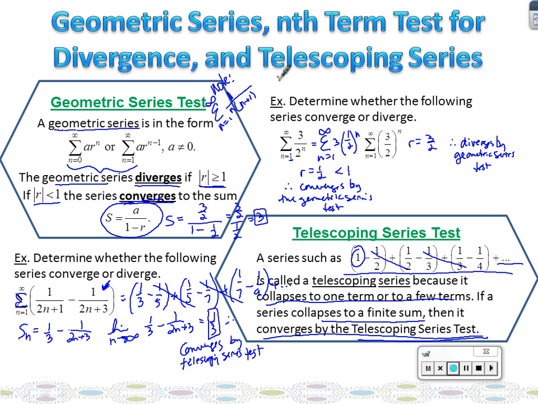What we would actually have to do to this one is use partial fractions to write it so it looks like this. We'd have to use partial fractions to expand it, and then we would use the telescoping test to prove that it converges. I'm just showing you this so you're aware that they can get more complicated than the one that I have shown you. It is possible that it perhaps looks like this, and you have to use partial fractions. Okay? Let's look at our third test.